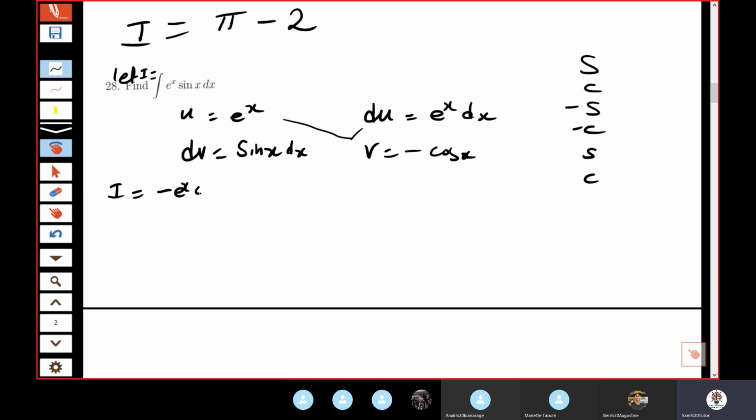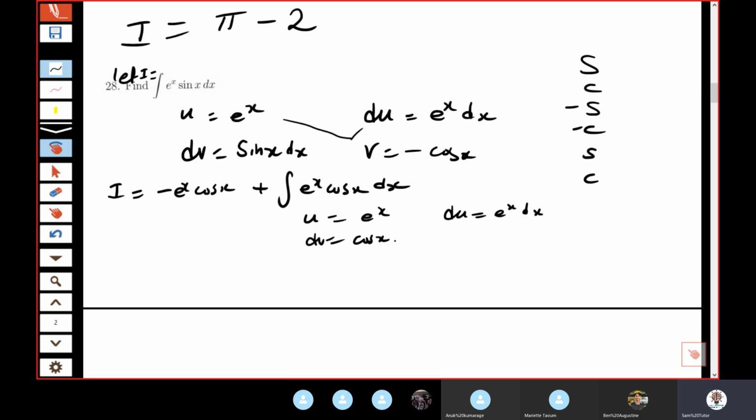So negative e^x cos x, and then plus e^x cos x dx. And you know it, just do it again. Don't hesitate. du equals e^x dx. dv equals cos x dx. v equals integral of cos is sine.